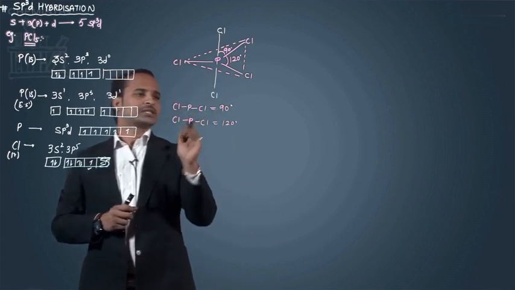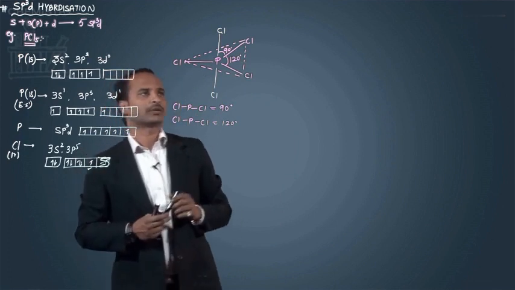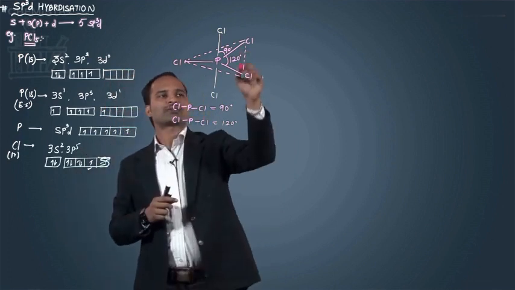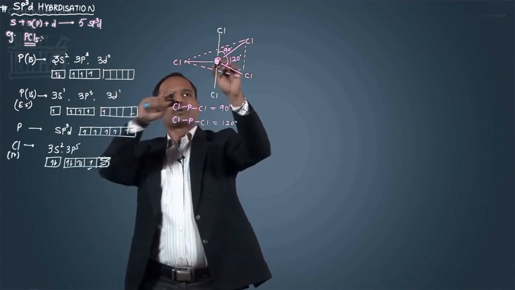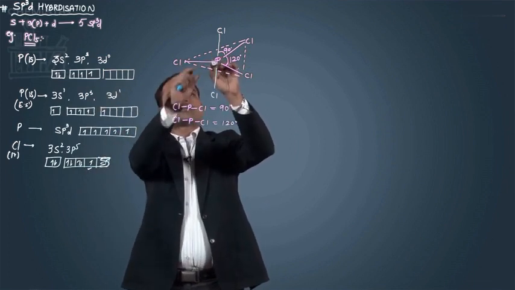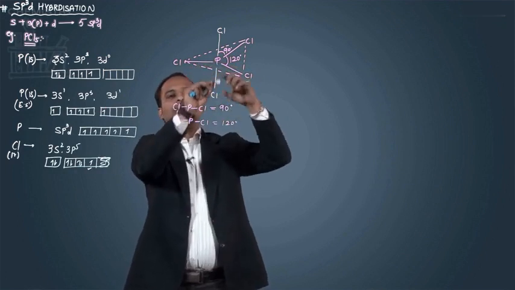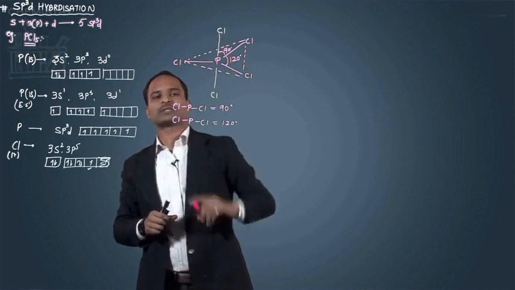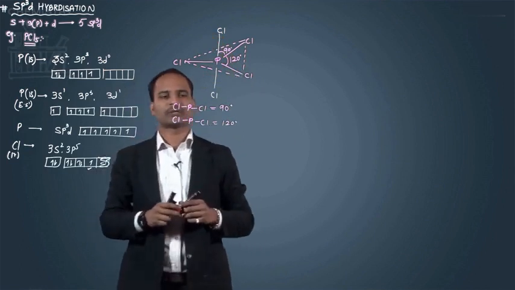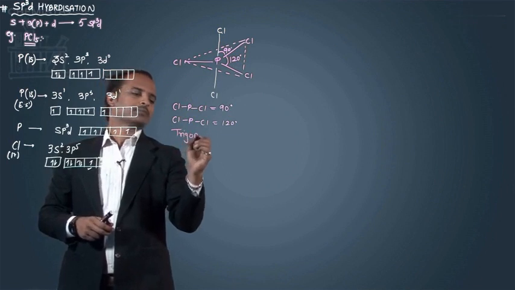This geometry of PCl5 is called trigonal bipyramidal geometry. Why? Because the three equatorial chlorines form a trigonal base, and the axial chlorines are on either surface. If I join all three chlorines with the axial one, you get a pyramid on this side, and similarly on the opposite side. So two pyramids are obtained, and the geometry is trigonal bipyramidal.